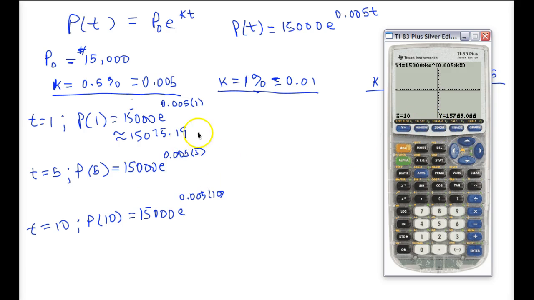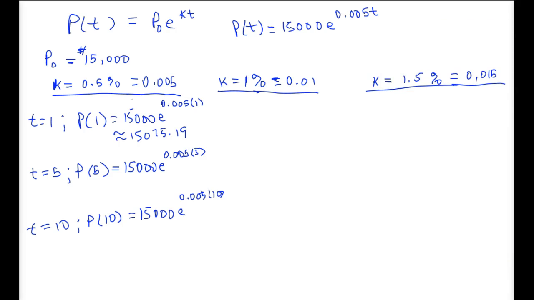So this is what we need to write here. So I'm going to go ahead and just write those numbers. Let me go ahead and do the calculation for 5 again. And you see that that was $15,379 and about 73 cents.